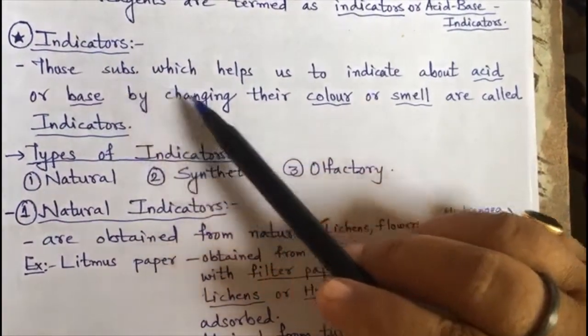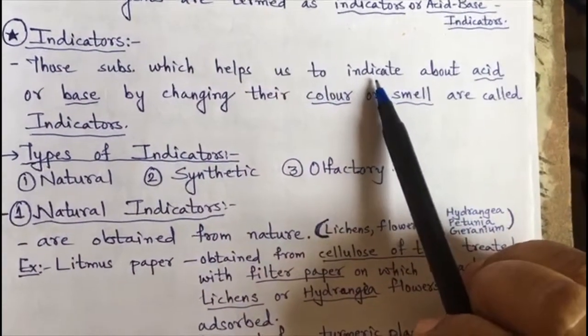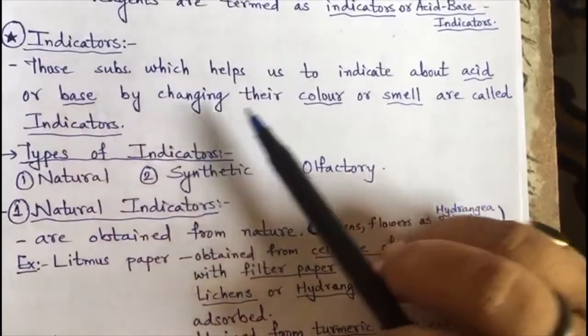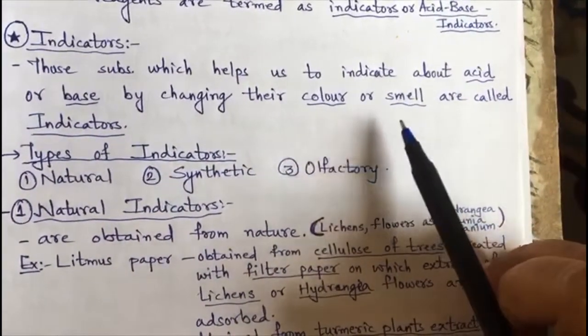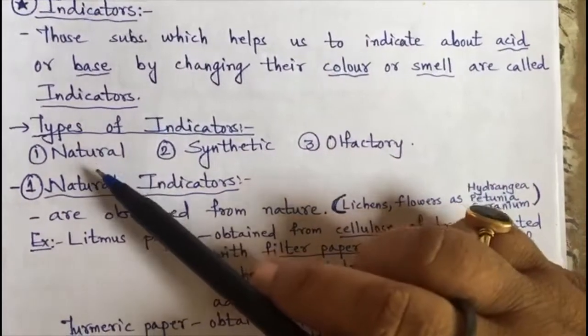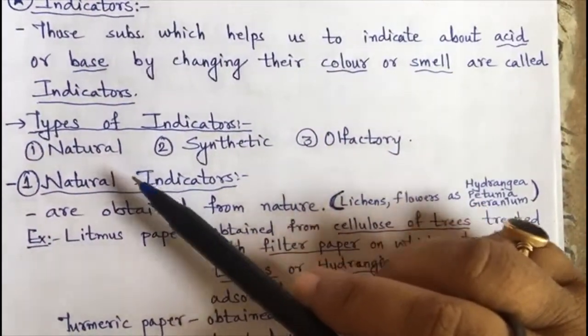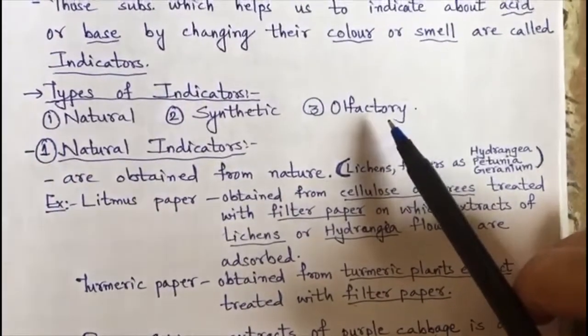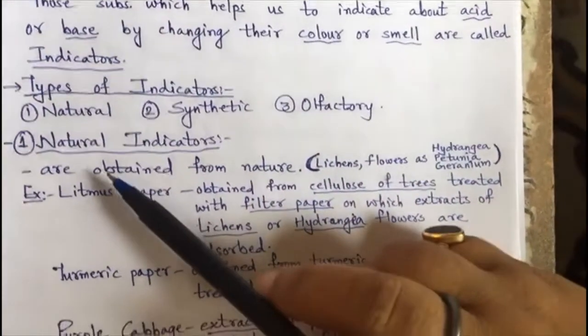Those substances which help us to indicate whether something is an acid or a base by changing their color or smell are called indicators. And what are the types of indicators? Natural indicators, synthetic indicators and olfactory indicators. So what are natural indicators?